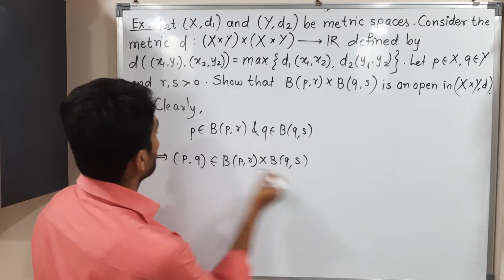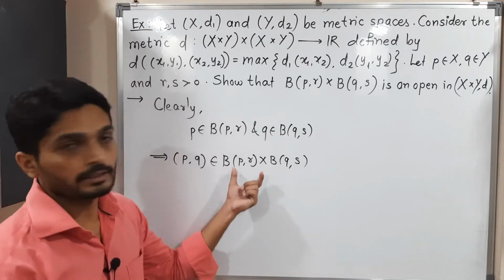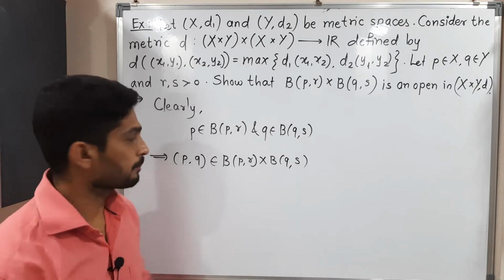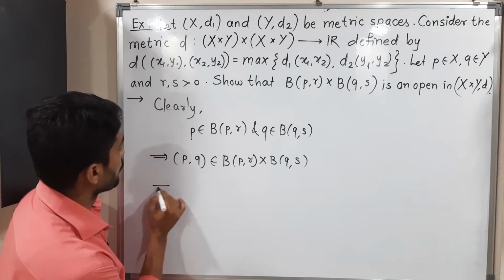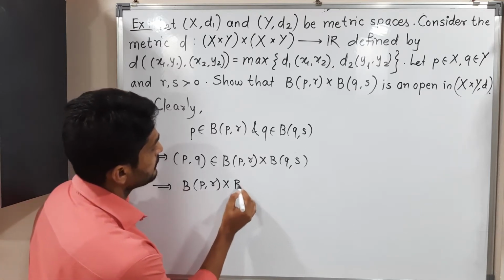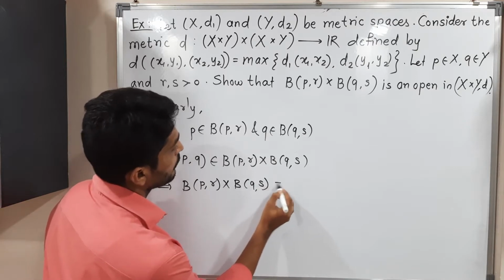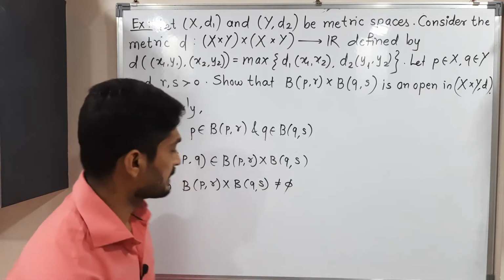So (P,Q) is an element of that product set: first ball cross second ball. So there is one point that belongs to that set, and therefore this set is non-empty, B(P,R) cross B(Q,S) not equal to phi. Now we will prove that it is an open set.